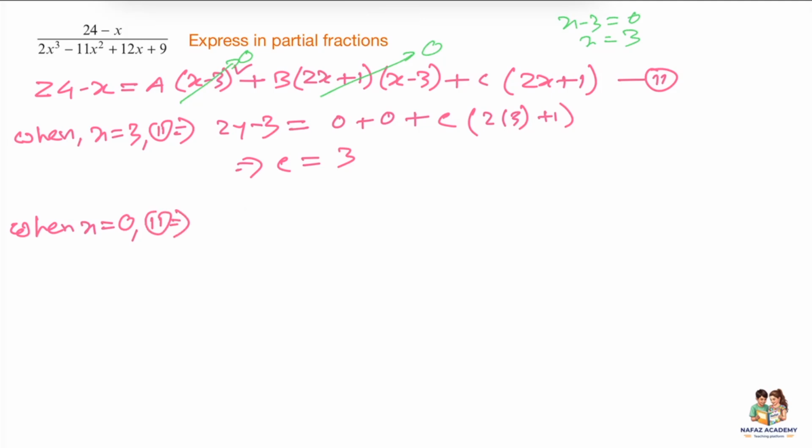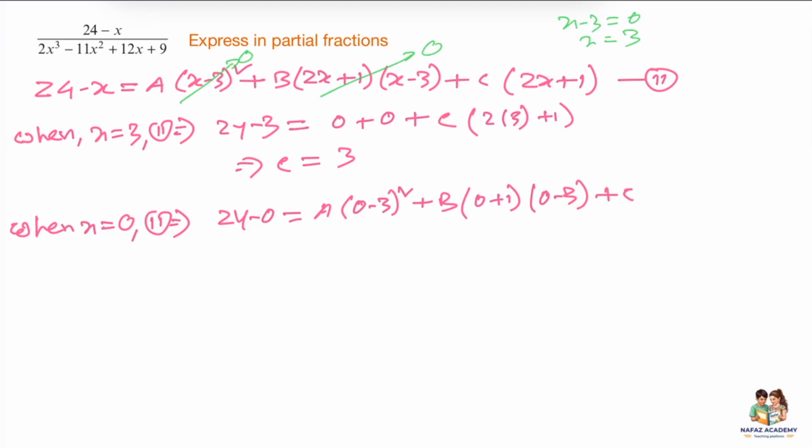And now there is no factor, so you can use x equals 0, x equals 1, x equals 2. So I am using x equals 0 in equation 2. 0 minus 3, that is squared, it is 9A, right? Okay, I'm showing you.